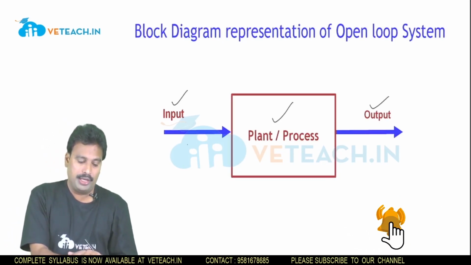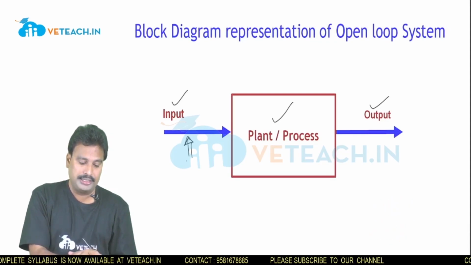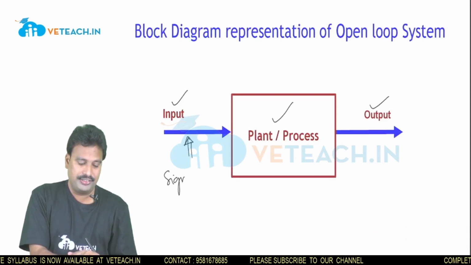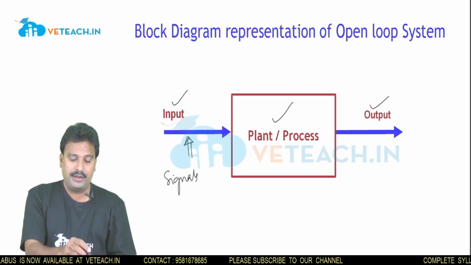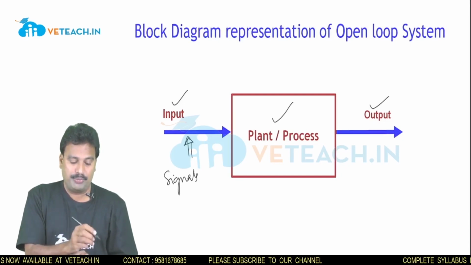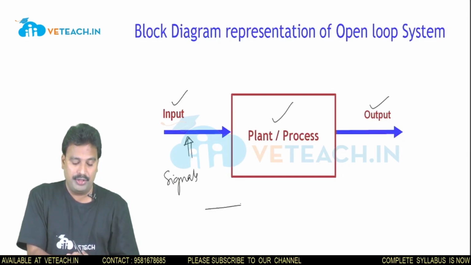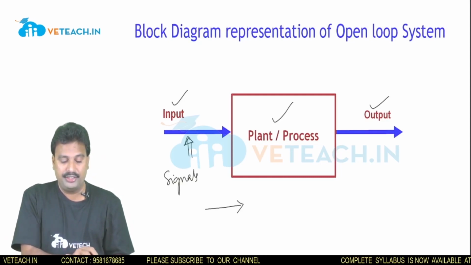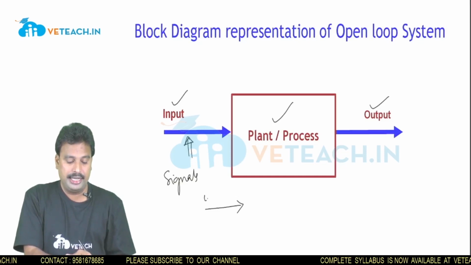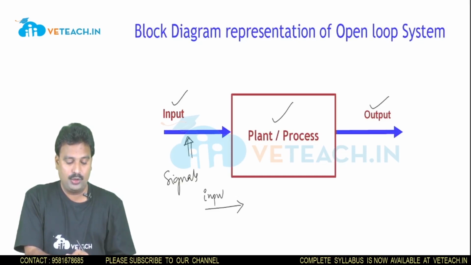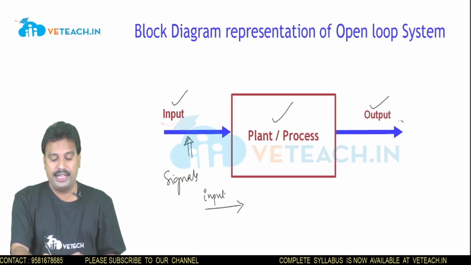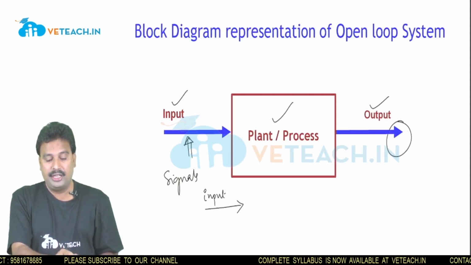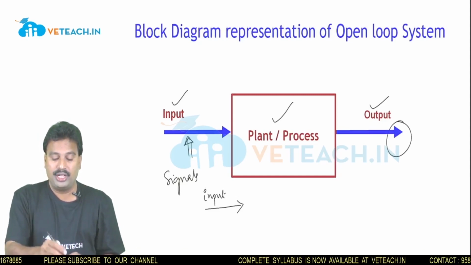So here these blue colored lines are known as signals. Signals in a control system are represented with the help of arrow-headed lines. If the arrowhead is towards the plant, then that signal is known as input, and if the arrowhead is away from the block, it is known as output.